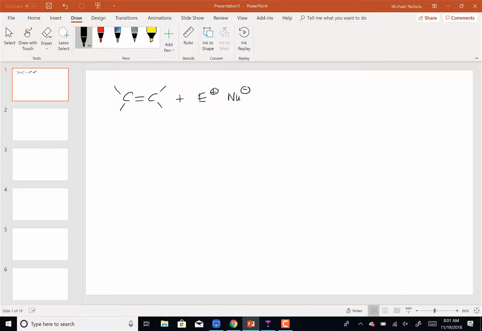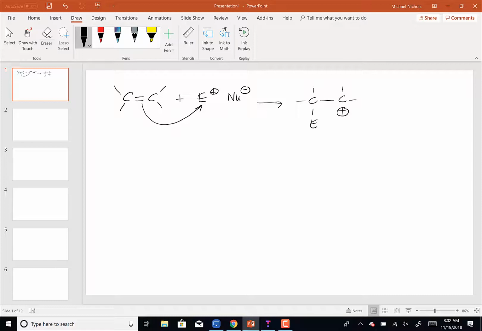So what happens is that we take the double bond, and I'm going to use that pair of electrons to form the carbon-electrophile bond on one of the two carbons. For this one, it isn't going to matter, but we'll talk about what happens when I have two different carbons as we go through. For the sake of argument, I'll add the electrophile to the left-hand carbon, and that leaves the right-hand carbon as a carbocation.